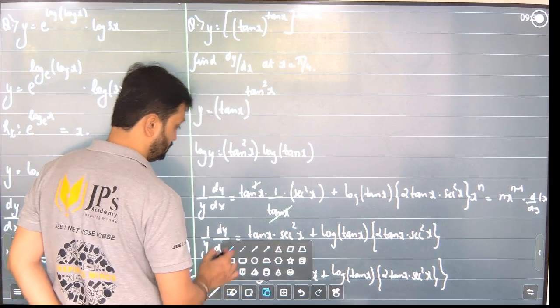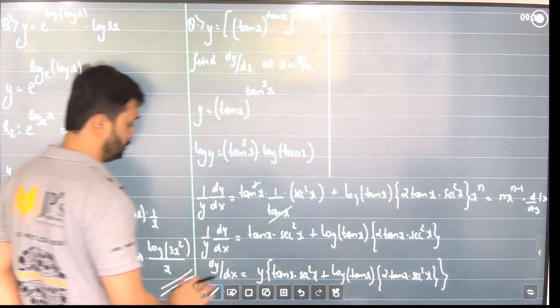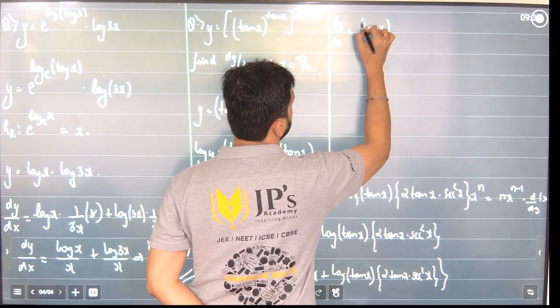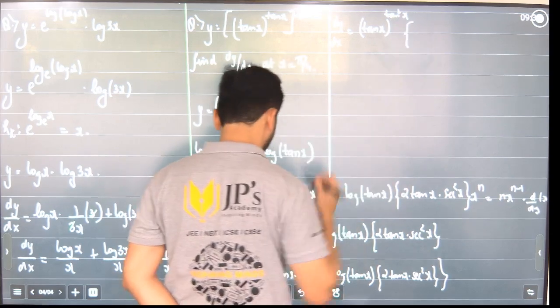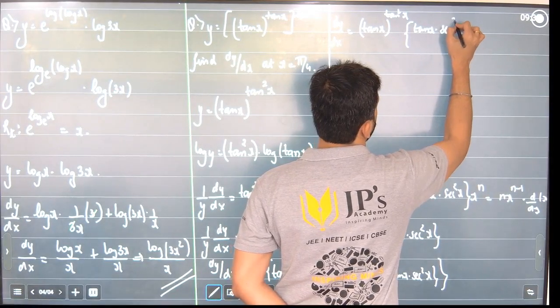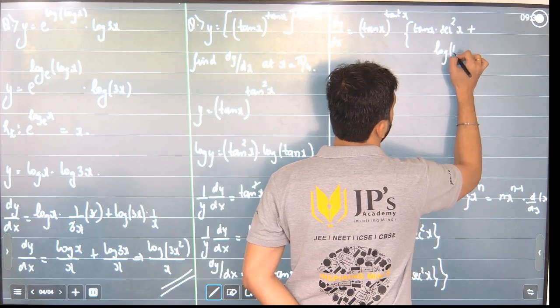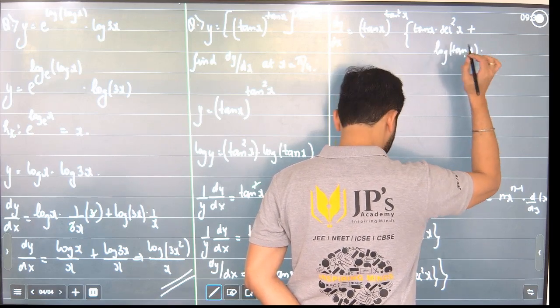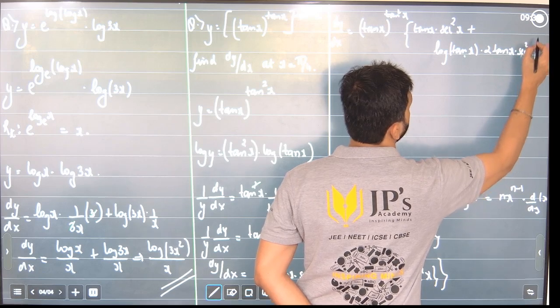Now we'll substitute the value of y. So dy by dx is equal to tan x raised to tan square x into tan x into sec square x plus log of tan x into 2 tan x into sec square x.